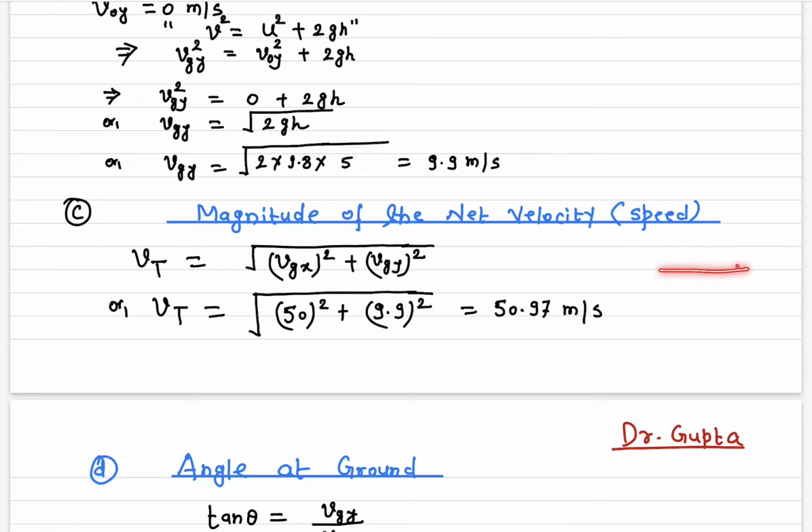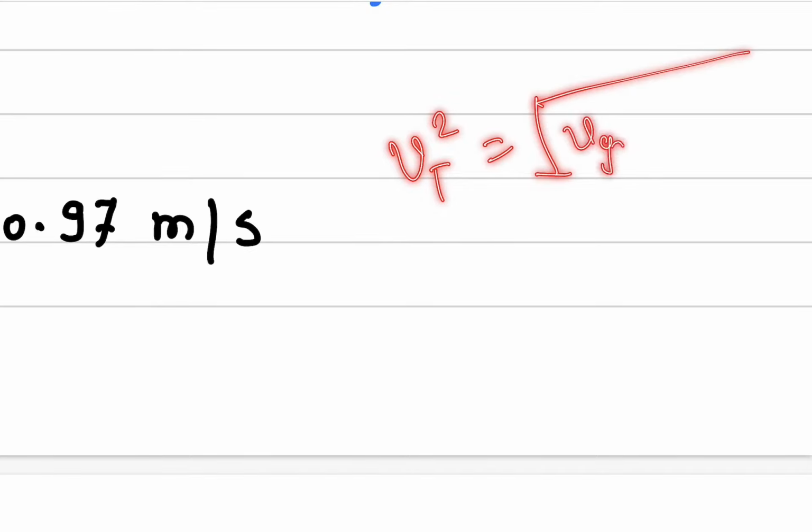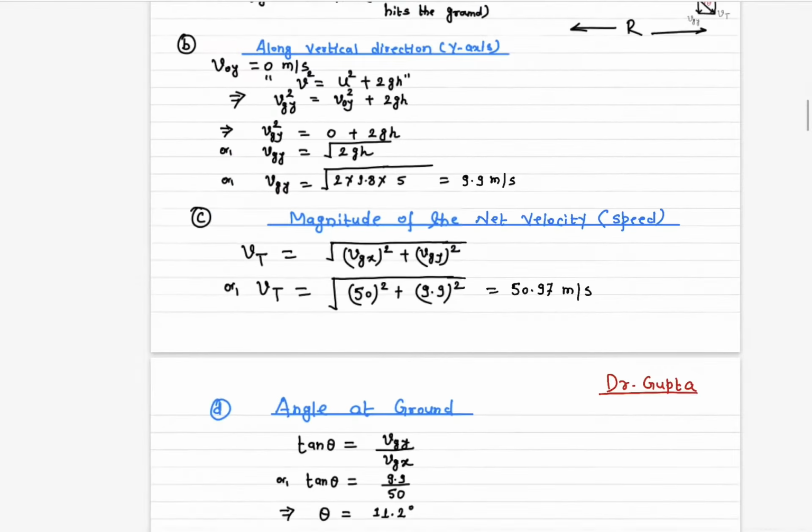This is the x component, vgx, and this is vgy. The total velocity would be given by the Pythagoras theorem: v squared equals vgx squared plus vgy squared.